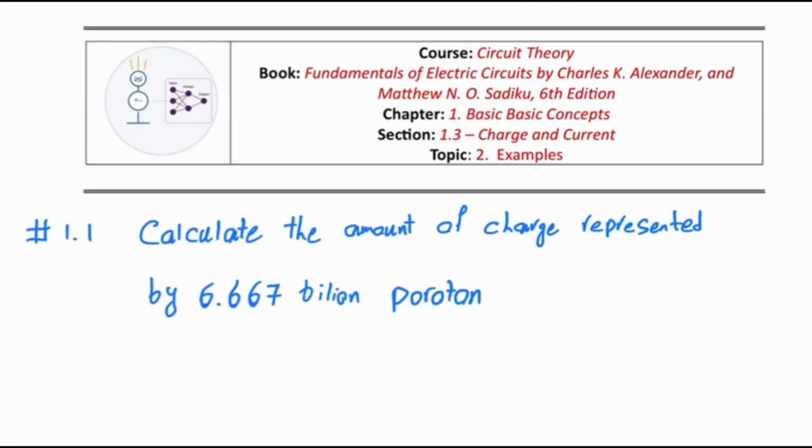Now that we have been introduced to the basic concept of charge and current from section 1.3, it's time to apply what we have learned by solving practice problems 1.1, 1.2 and 1.3 from the textbook.